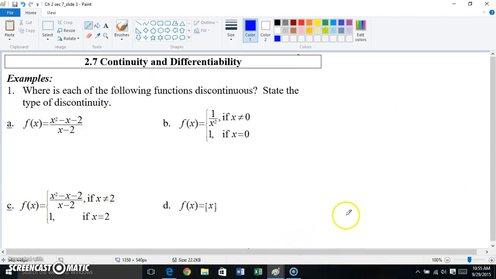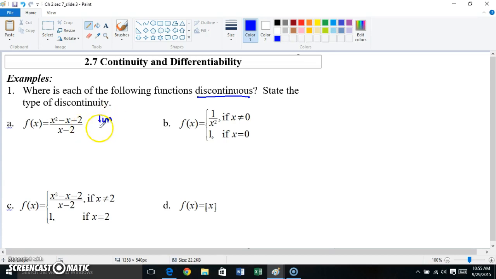Okay, let's see if we can take a look at a few of these functions and decide where the functions are discontinuous. So where is each of the following functions discontinuous? State the type of discontinuity. So taking a look at this first graph, first of all, let's take a look at the limit.